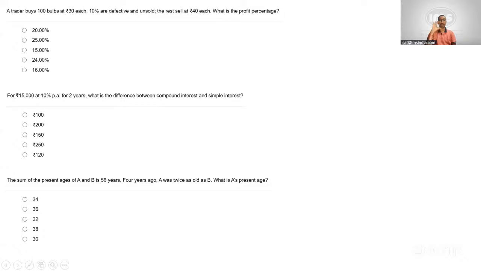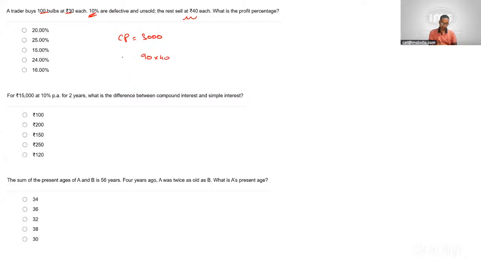Okay, another three questions. Let me tackle one at a time. A trader buys 100 bulbs at 30 rupees each. 10% are defective and unsold. The rest sell at 40 each. What is the profit percentage? This is manageable. 100 bulbs at 30, so cost price is 3,000. Quite simple. 10% defective means only 90 are sold, at 40 rupees each.